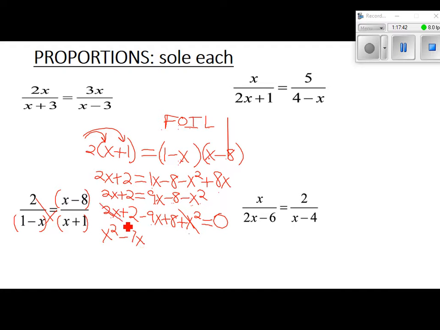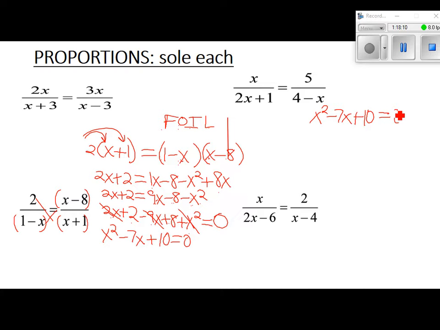Then we got the 2 and the 8. That gives us 10. And that still equals 0. I'm going to rewrite this because I'm running out of space towards the bottom. This is x squared minus 7x plus 10 equals 0.